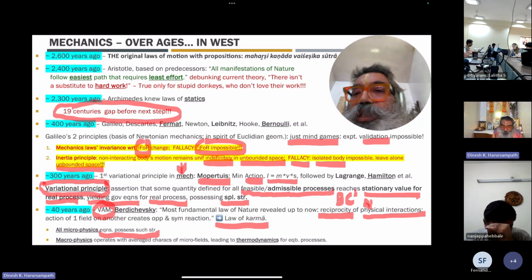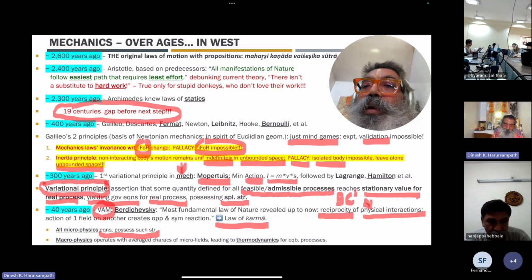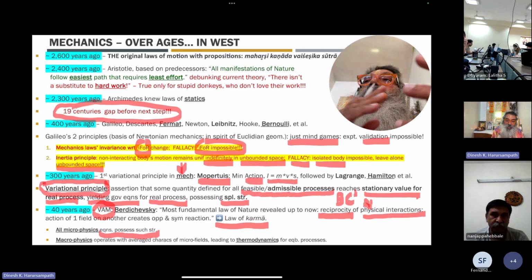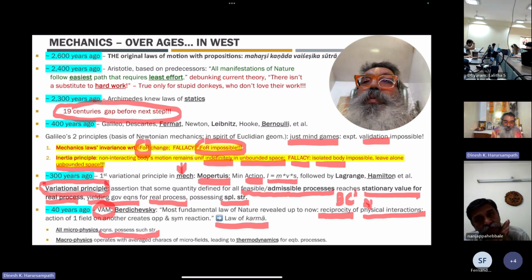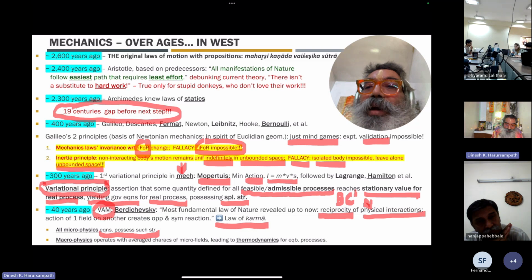And macro physics, of course, operates with averaged characteristics of the microfields. That's where micromechanics and macromechanics are correlated to each other. Though they might seem like entirely different physics, the learnings from micromechanics go into macromechanics and vice versa. Most of the quantities in macrophysics are averaged characteristics of the microfields.